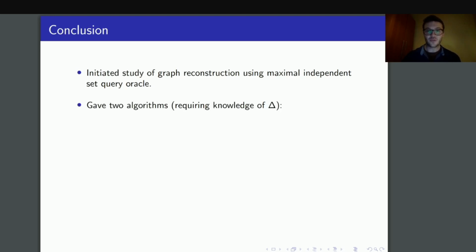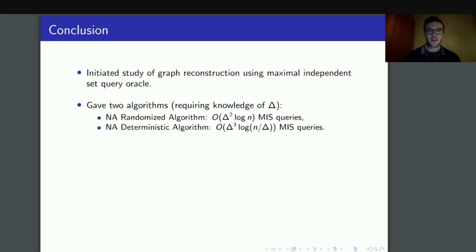We gave 2 algorithms that both required knowledge of the maximum vertex degree in the input graph, delta. We gave a non-adaptive randomized algorithm that required big O of delta squared log n maximal independent set queries to reconstruct the graph with high probability. And we gave a non-adaptive deterministic algorithm that required big O of delta cubed log n over delta maximal independent set queries to exactly reconstruct the graph.